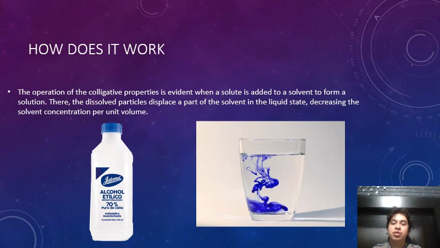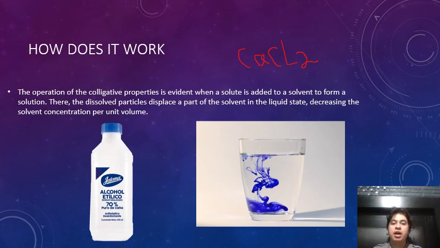In a dilute solution, it matters how many particles there are, no matter what particles they are. For example, dissolving calcium chloride, CaCl2, completely produces three particles: one calcium ion and two chloride ions.